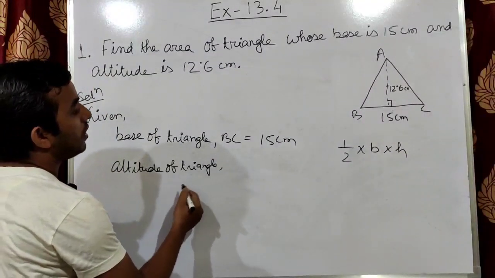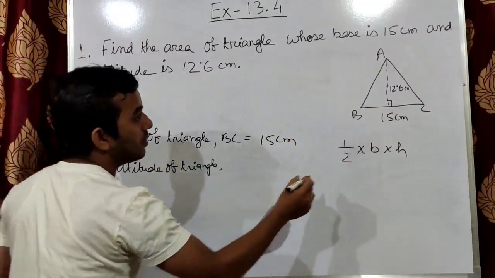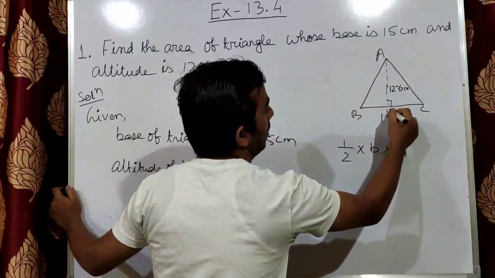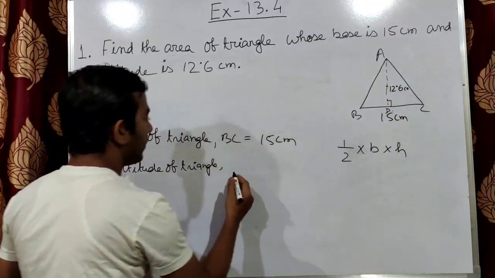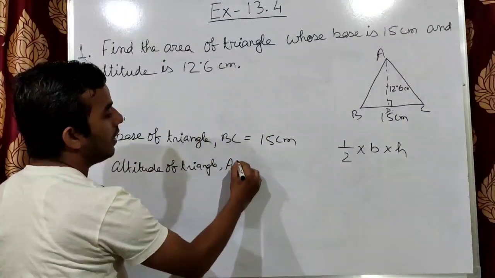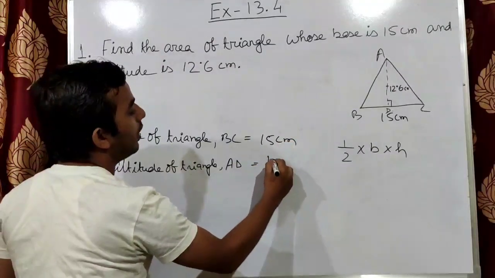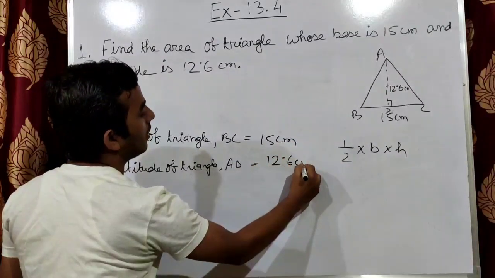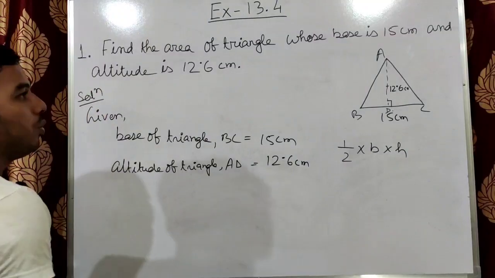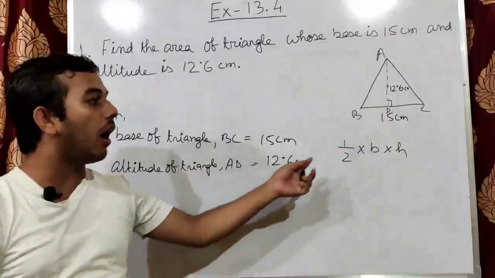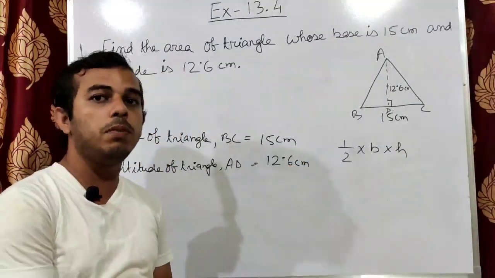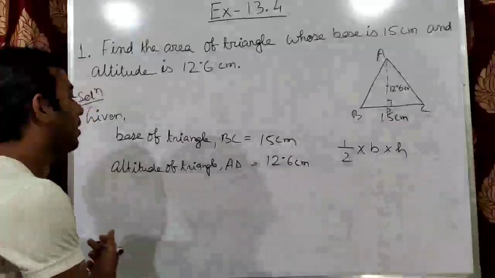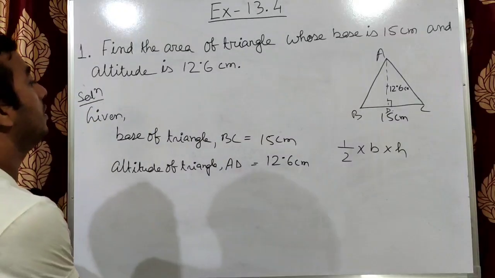So the altitude of the triangle, suppose AD, equals 12.6 centimeter, right? Now we know area of triangle is half into base into height, so we'll simply use this formula and find out the area of the triangle.